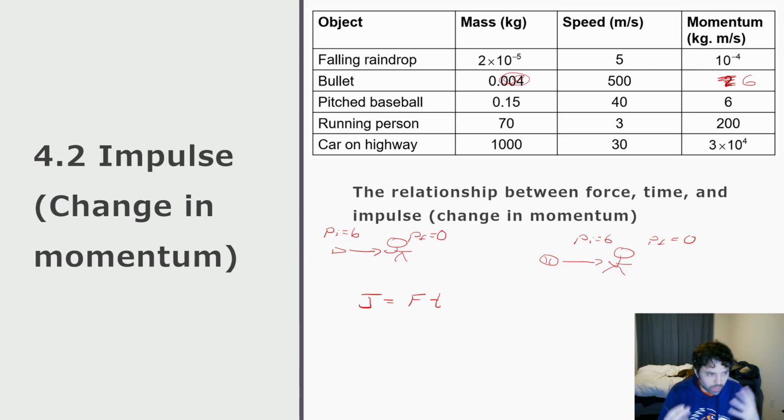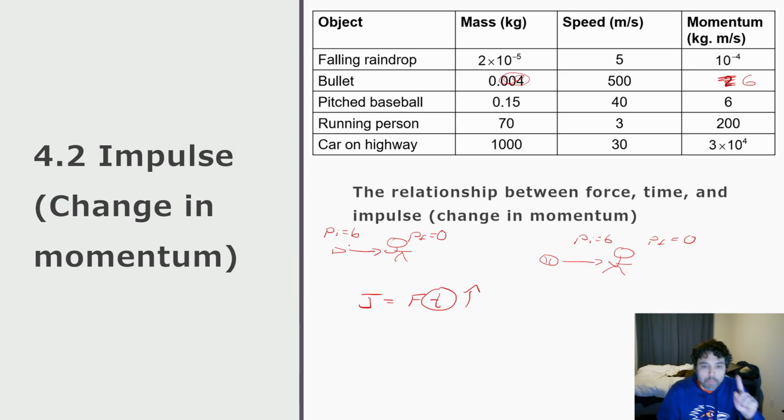Baseball's made of leather and actually some weird stuff you might not realize, like rubber in the middle and some string around the edge and leather outside. It's softer, right? It's going to hit your skin, and it's going to compress like the tennis ball, not as much, but still some, and squish and then bounce. And the time that the baseball and your skin are in contact is going to be much larger than it will be for the bullet.